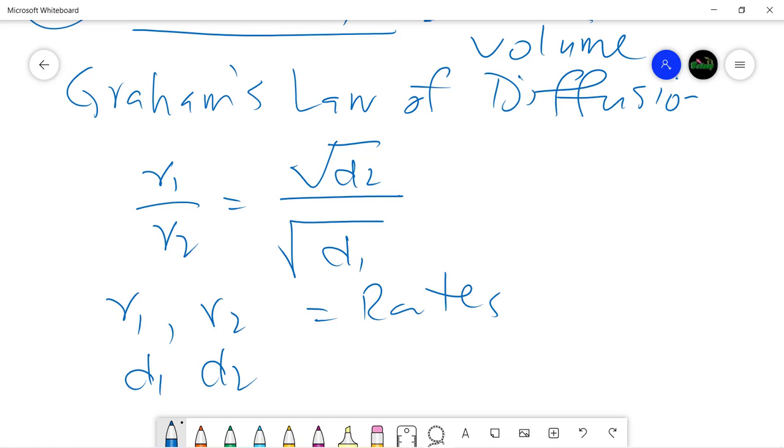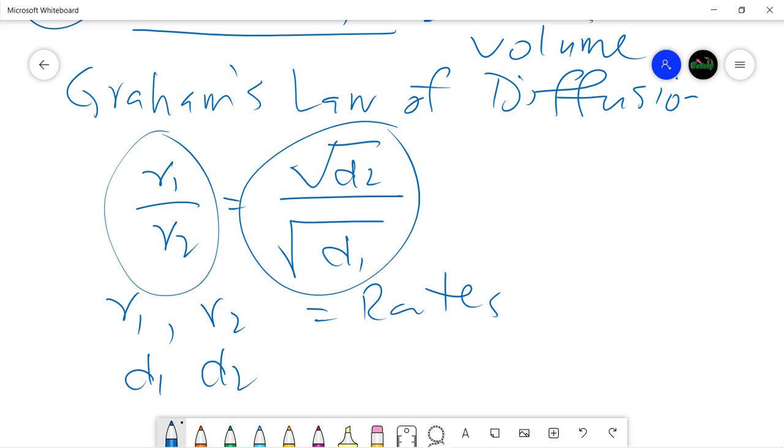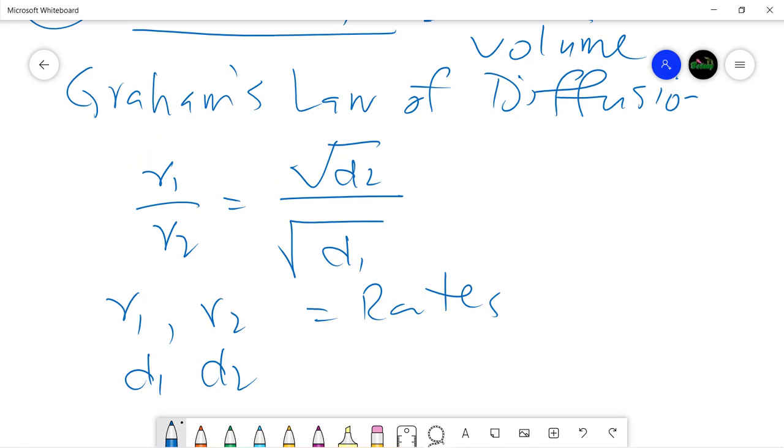So R1 is the rate of diffusion of a gas with the density D1, and R2 is the rate of diffusion of a gas with the density D2. And as you can see, it is inversely proportional to the square root of the densities of the gases. Now what it means is that the denser molecules, that is the molecules or atoms with greater density, will diffuse slower as compared to gases with molecules having lower density.